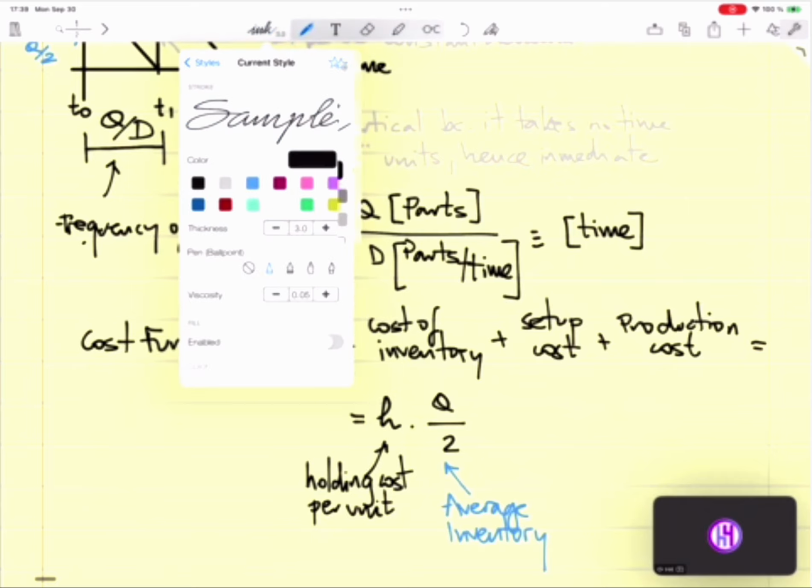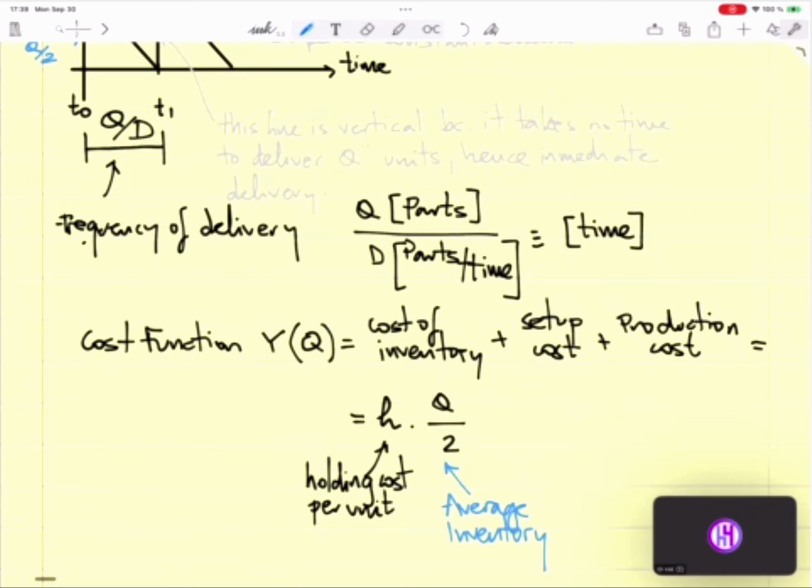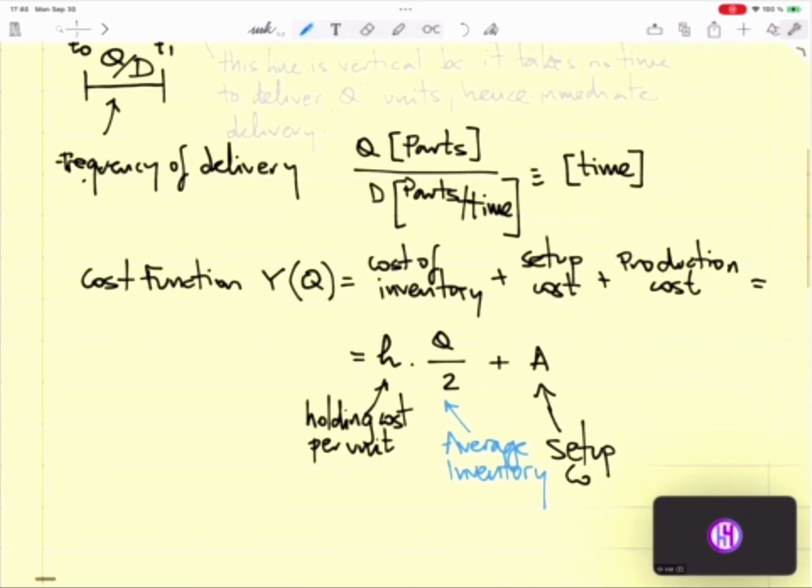If we continue with our formula, the setup cost we can calculate by taking the setup cost per unit, A, and multiplying it by the frequency of setup, how often it happens.